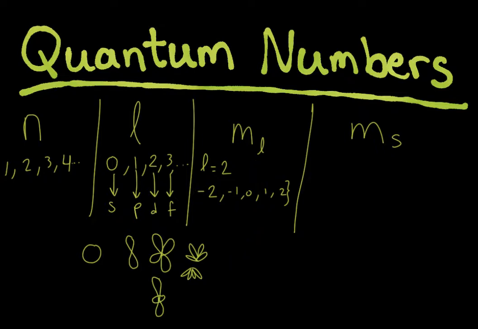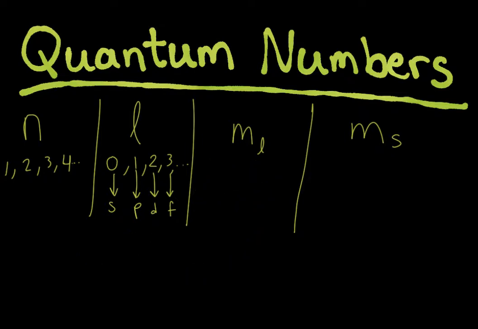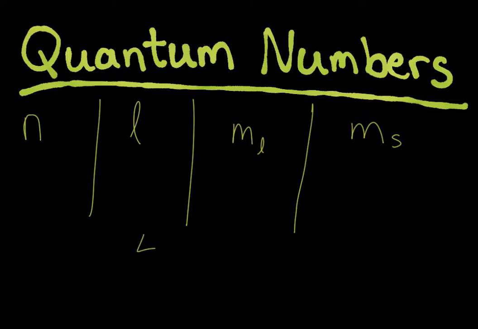Let's say you were asked if a certain quantum number is valid. For example, how about 2D? Is this allowed?